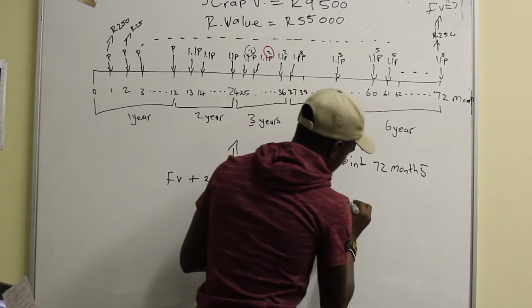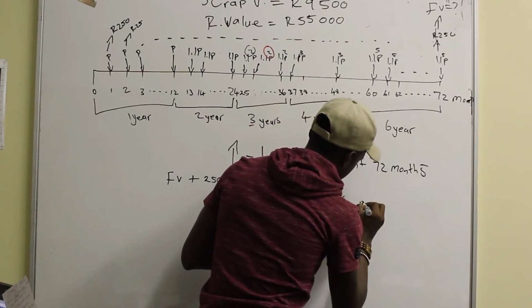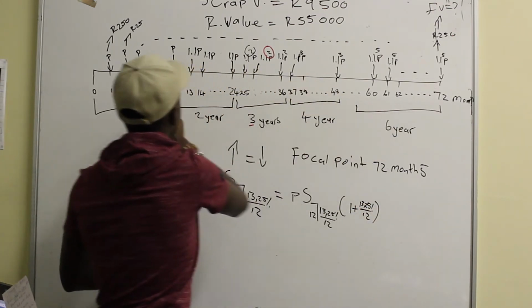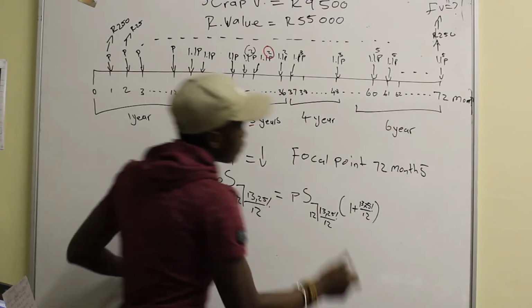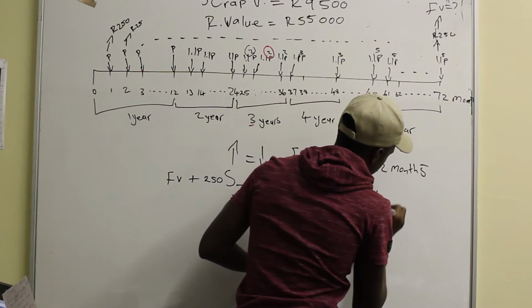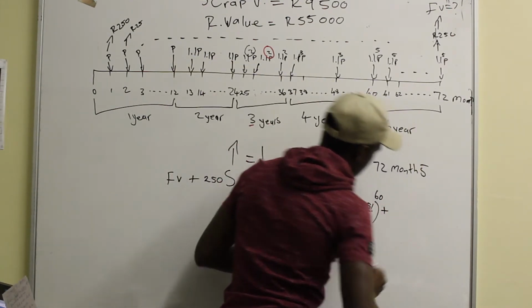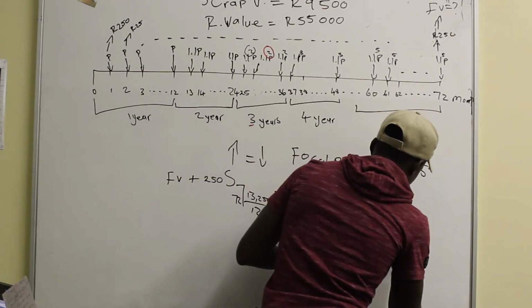So we say 1 plus the interest 13.25% divided by 12, to the power of 72 minus 12 months, which gives you 60, right? And you continue to the second part.